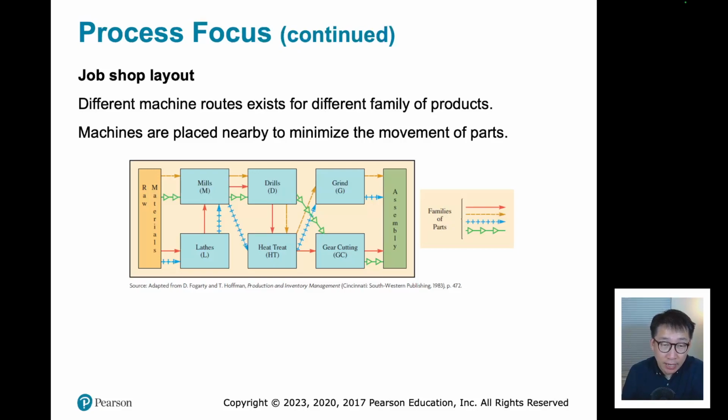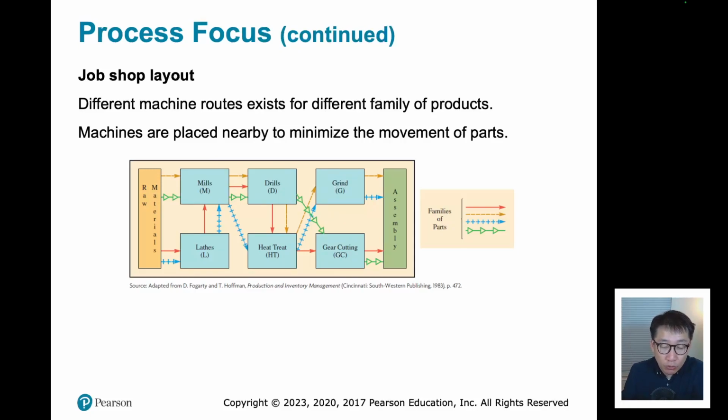As you can see in this job shop, you have 6 general purpose areas, where in the mills section, you can do a lot of different millings. The drillings section can deal with a lot of different drillings, grinding and gear cutting and heat treatment, and all those are considered general purpose areas where you can do many different variations of each operation in that particular corner or section.